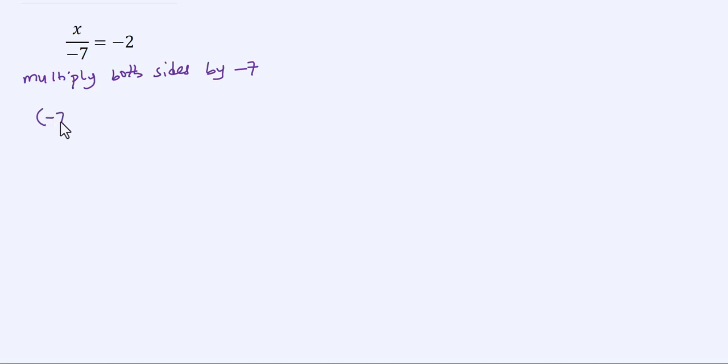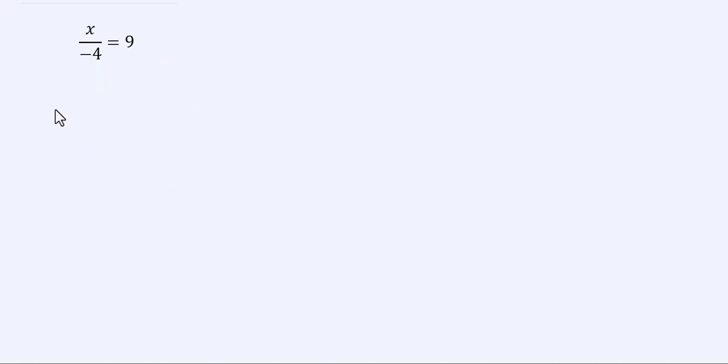So negative 7 in brackets times x over minus 7. The bracket, remember, is the multiplication. Then we'll have here minus 2 multiplied by minus 7. So from this point, this cancels out and x stands alone. So negative times negative is positive. 2 times 7 is 14. And we don't need to write plus 14.